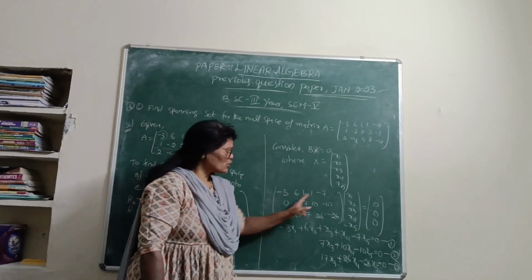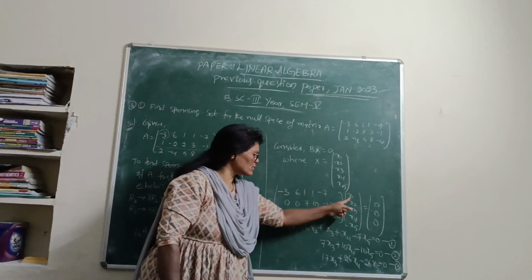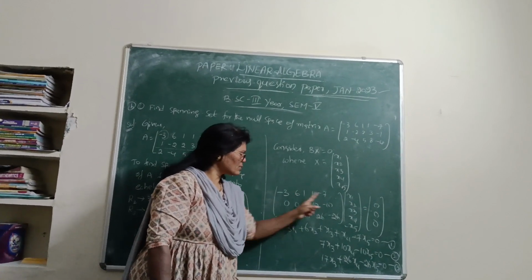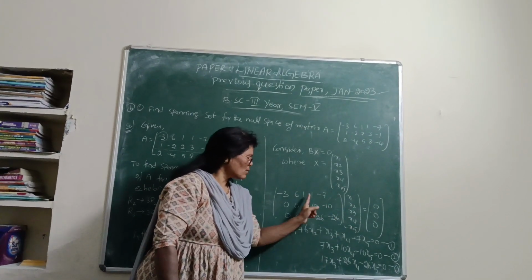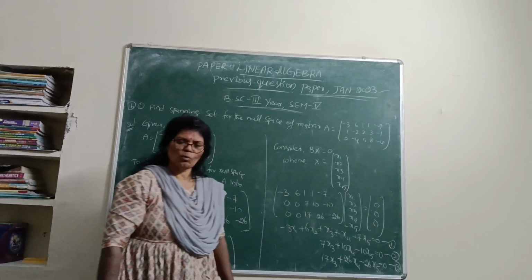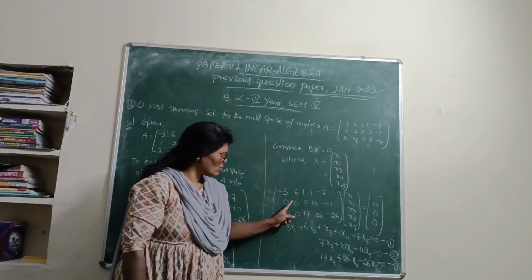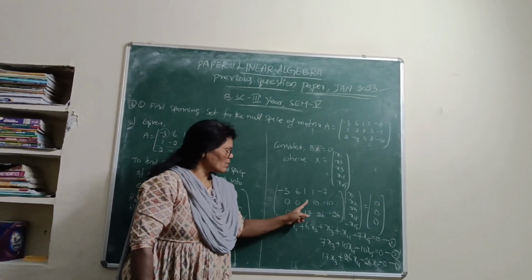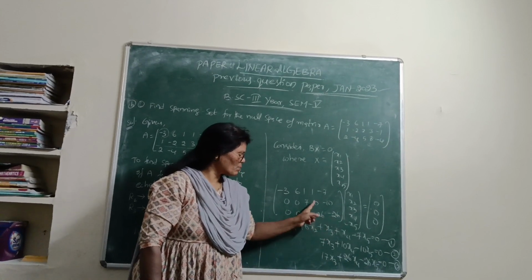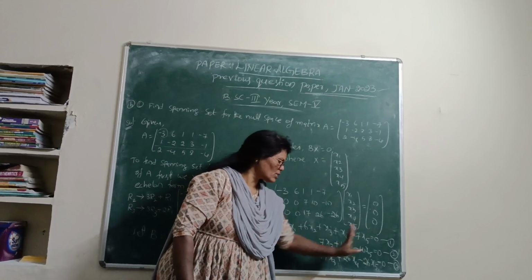Then after matrix multiplication, -3x1 plus 6x2 plus x3 plus x4 minus 7x5 is equal to 0. Call that equation 1. And 0 into x1 is 0, 0 into x2 is 0, 7x3 plus 10x4 minus 10x5 is equal to 0.